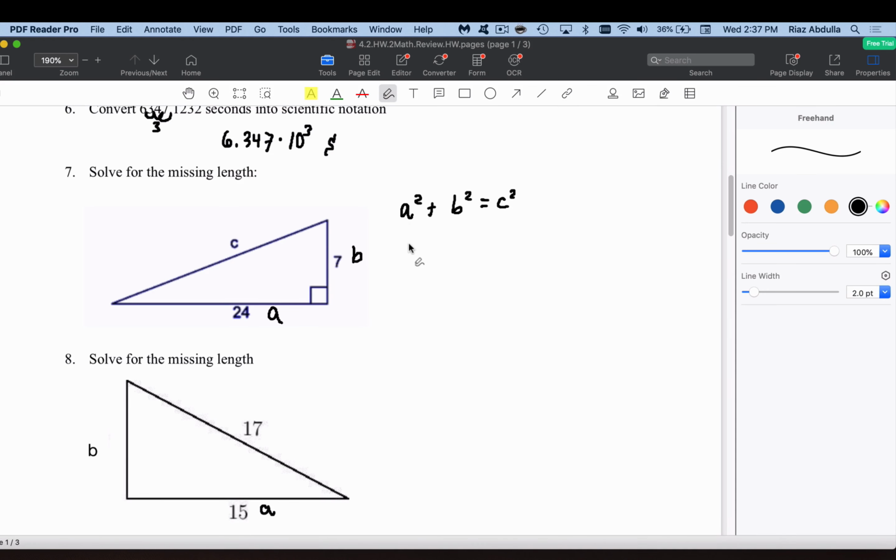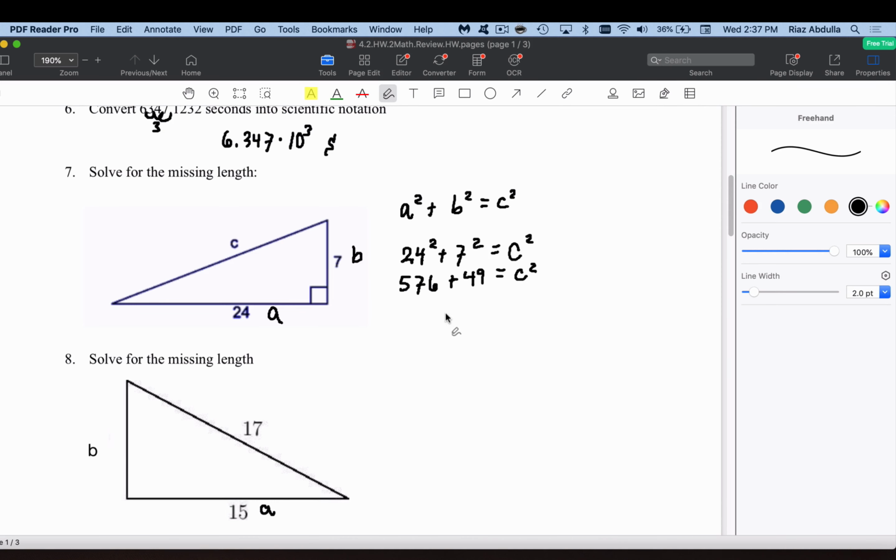So we're going to say 24 squared plus 7 squared equals c squared. And so I actually need to carefully do my math here, so I'll put this in my calculator. That's going to give me 576 plus 49 when I square 7 gives me c squared.